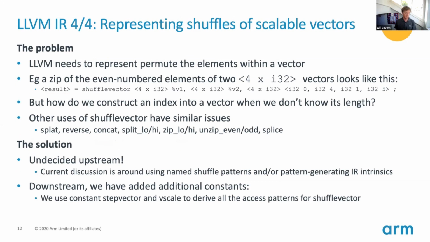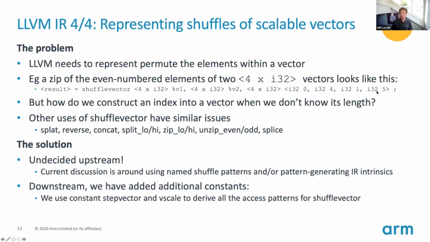Okay, and then the last point about the LLVM IR is I want to highlight shuffle vector. So the point of shuffle vector is to permute the elements within a vector, and the way it looks is kind of like this, where you take 2 input vectors and you conceptually stick them together and choose some elements from across those 2 vectors to go into the result.